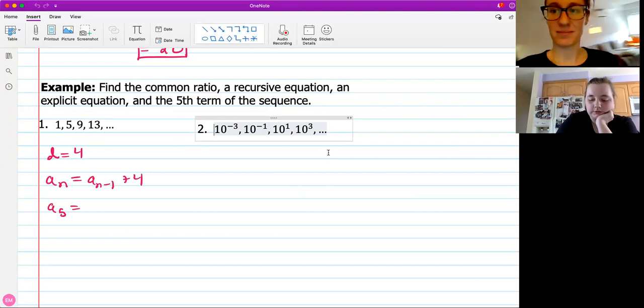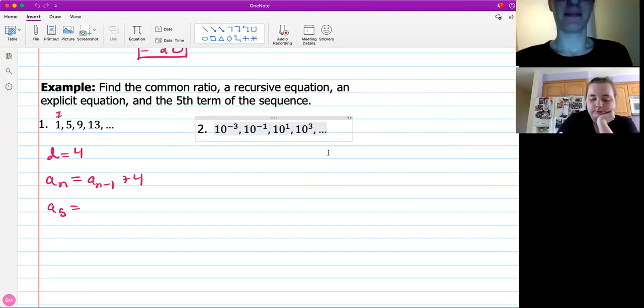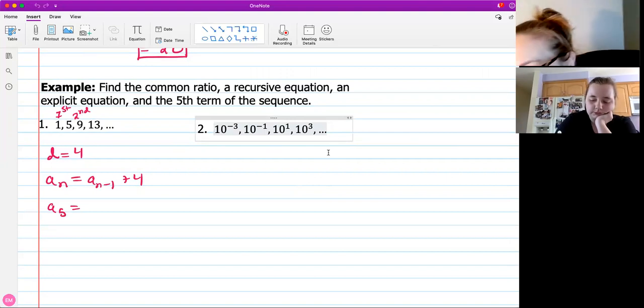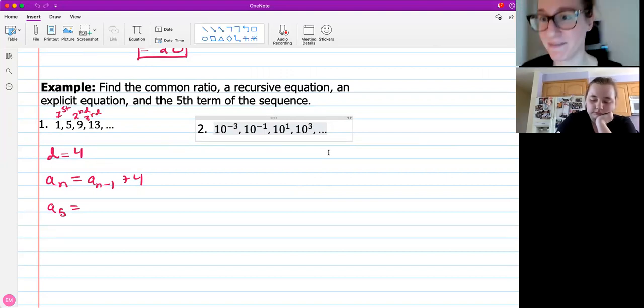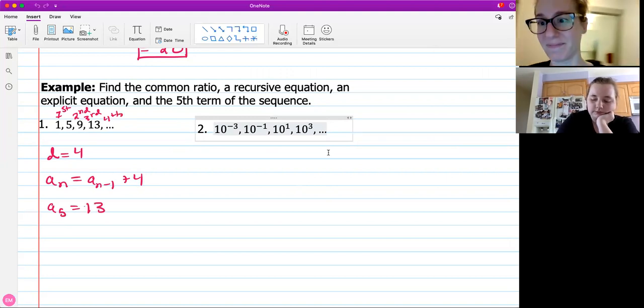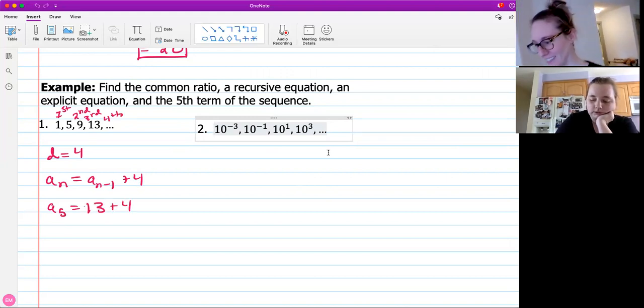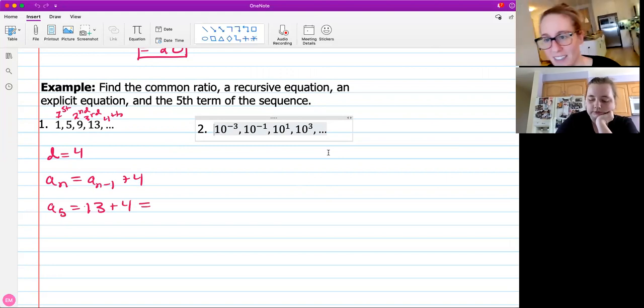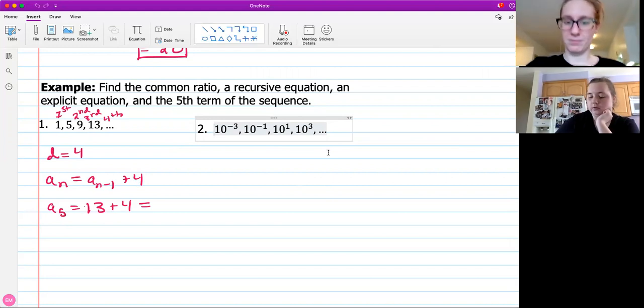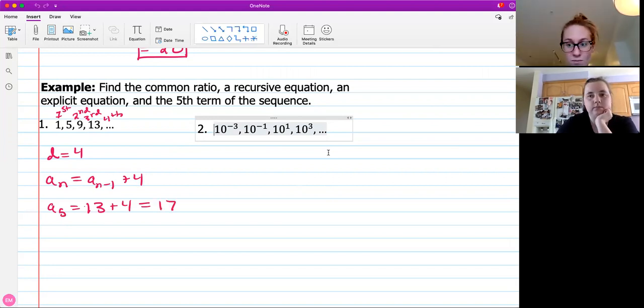So this would be the first term, the second term, the third term, and the fourth term. Then we would take 13 plus 4, and we would get 17. Yep.